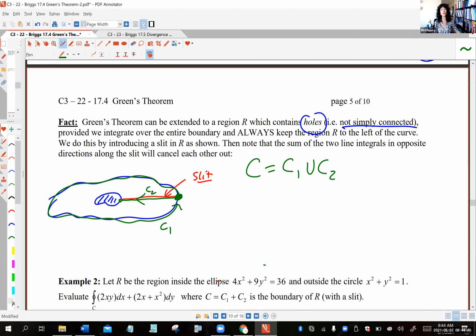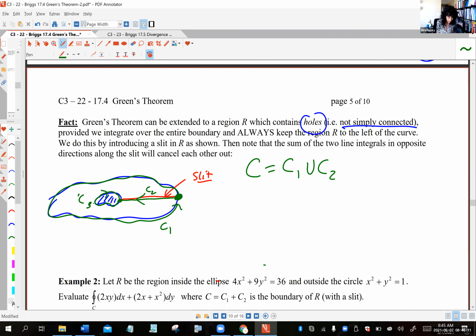Now, here's the part that's weird. In Green's theorem, we said you go around counterclockwise. But when I was mentioning that, and you may have forgotten this, I mentioned that when you drive around your outer boundary, you need to be able to look over your left shoulder and see the land. So once you hit the hole, you have to go around the hole clockwise, not counterclockwise.